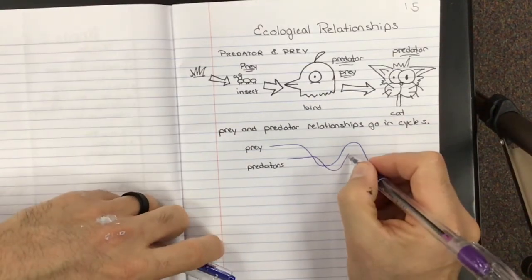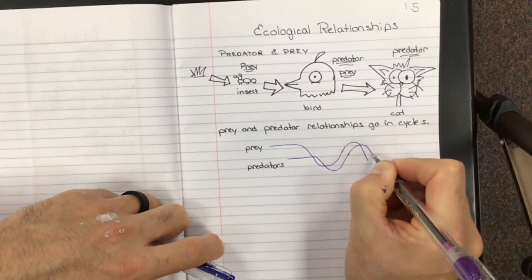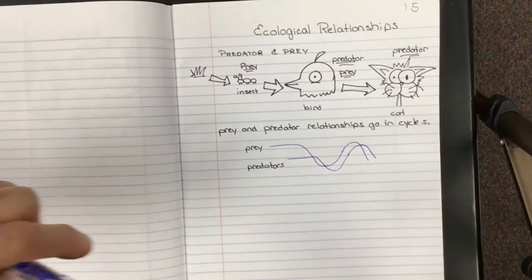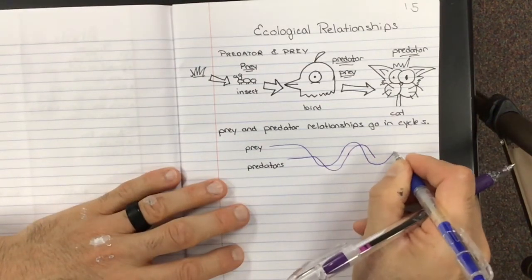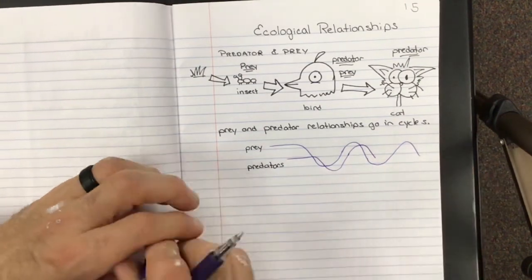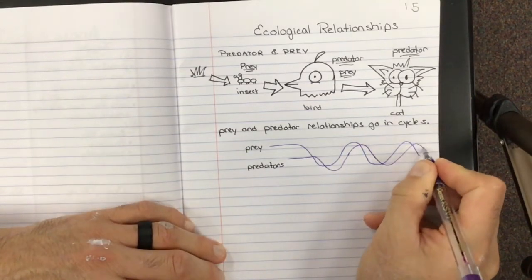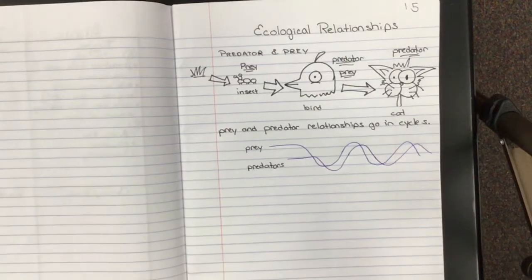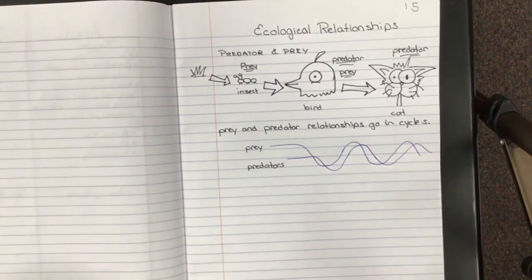Well, as they lose members, eventually there's less to hunt, so the predators start to lose members too, and they begin to go down in population. And this cycle continues, constantly going up and down, and the predators kind of following suit. Okay? That's what we mean by cycles. When there's not enough prey, then the predator population rebalances itself because there's not as much to eat.